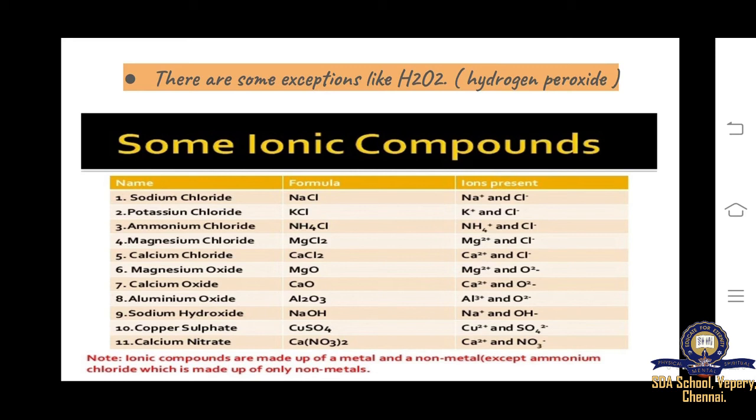Magnesium oxide, MgO, so Mg2 plus and O2 minus. Calcium oxide, CaO, Ca2 plus and O2 minus. Aluminium oxide, Al2O3, so Al3 plus and O2 minus. Sodium hydroxide, NaOH, Na plus and OH minus. Copper sulfate, CuSO4, Cu2 plus and SO4 2 minus. Calcium nitrate, Ca(NO3)2, Ca2 plus and NO3 minus.